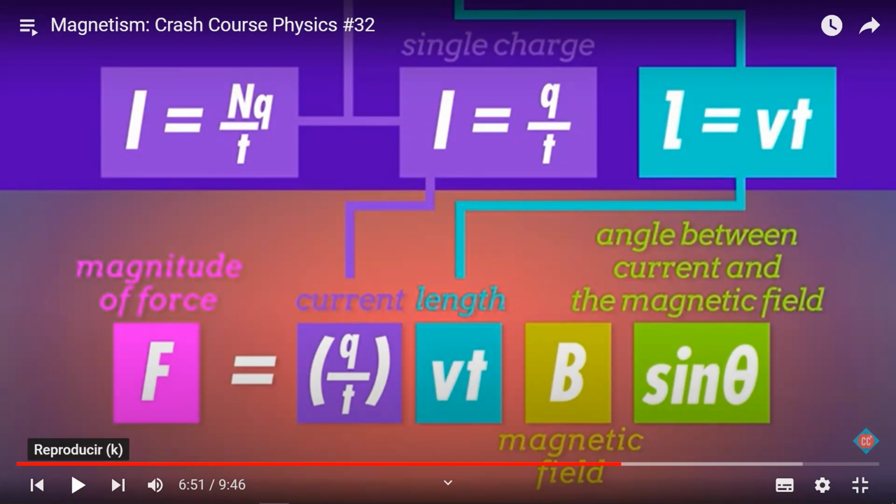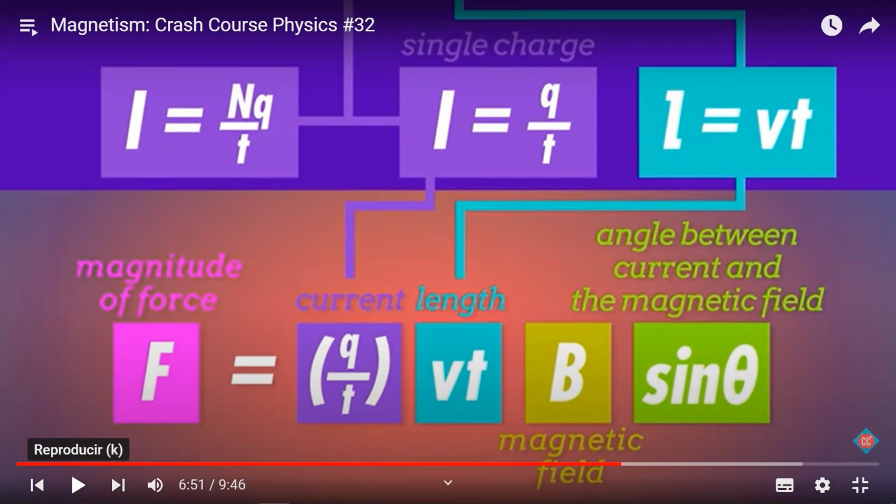Length is equal to velocity multiplied by time, from dynamics. Velocity is displacement divided by time, or distance divided by time. In this case, it's called L, the space that the charge is moving. So if we substitute those two in the original formula, time is going to be eliminated.